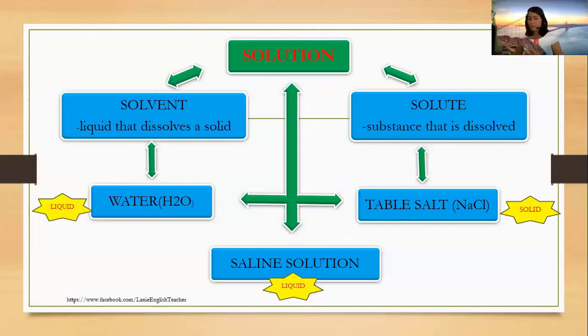An example of a solvent is water, while salt is an example of a solute. Now let me demonstrate how to make a saline solution by mixing two substances, the water and the salt.